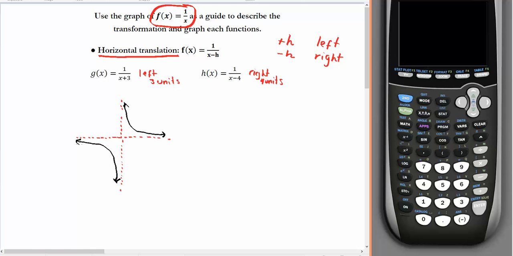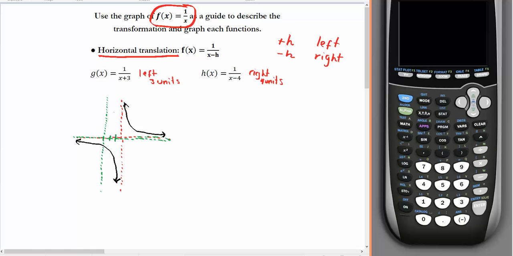Now, if we expect this one, because it says plus 3, to move 3 units to the left, what's literally going to happen is that the vertical asymptote is going to move 3 units to the left. So it's going to move 1, 2, 3. The horizontal asymptote is still going to be the x-axis.